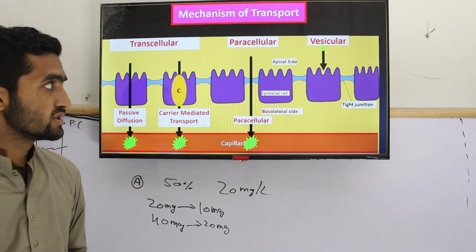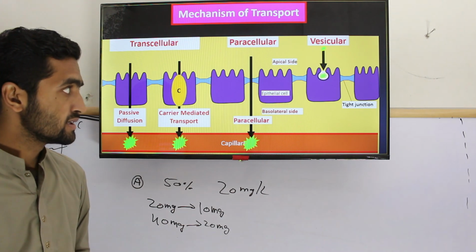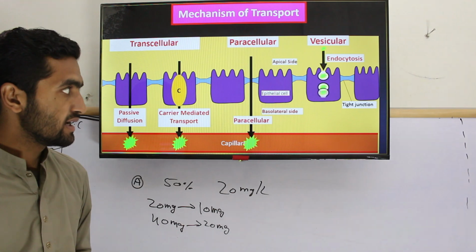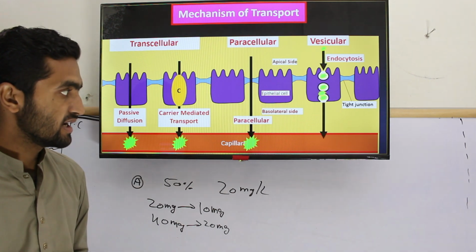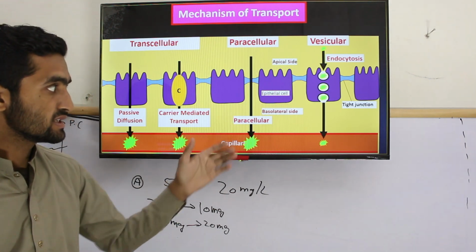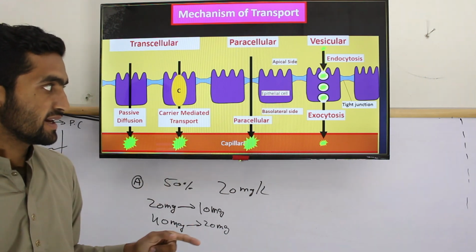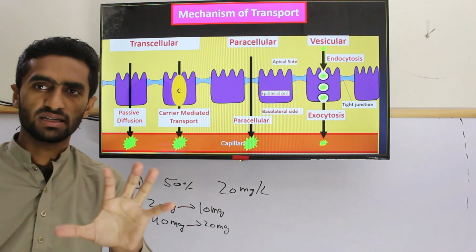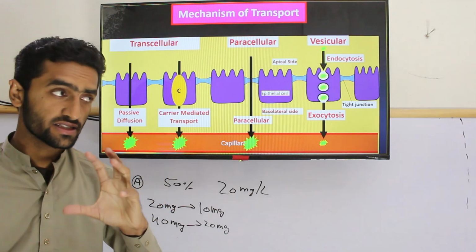First there is endocytosis, entering the cell, then exocytosis, and finally reaching the cavity. Both endocytosis and exocytosis occur, and this is used when the molecular size of the drug is larger.